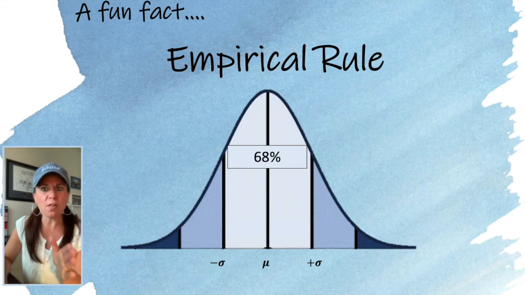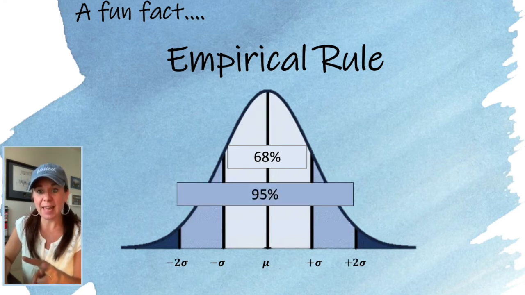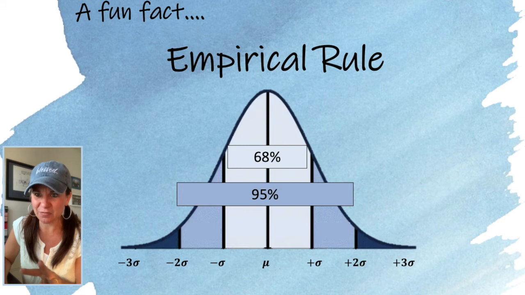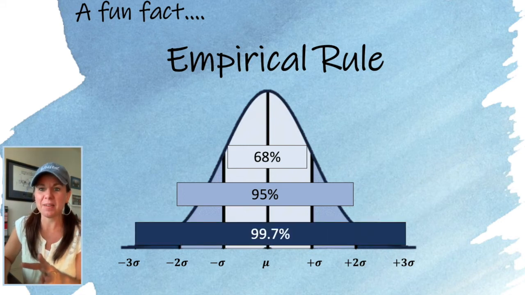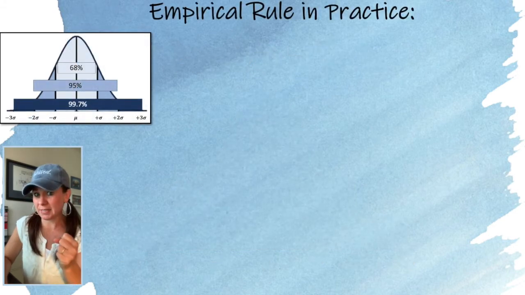That works for all these symmetrical curves. If you go 2 standard deviations from the mean, then you get 95% of the data. If you go 3 standard deviations from the mean, then you end up with 99.7% of the data. That's kind of cool. Okay, so let's see the empirical rule in practice.